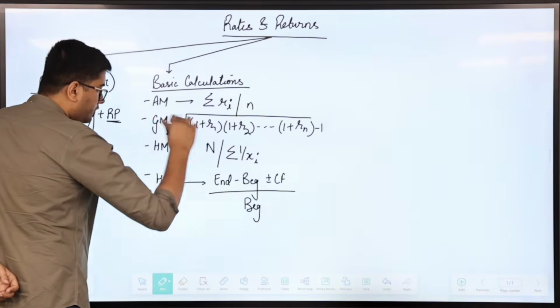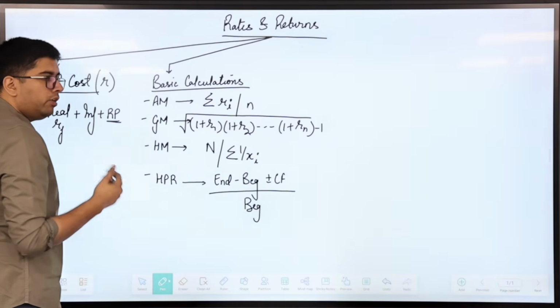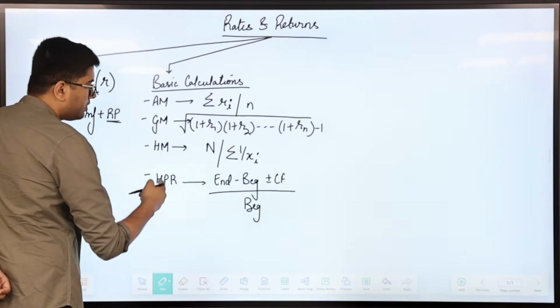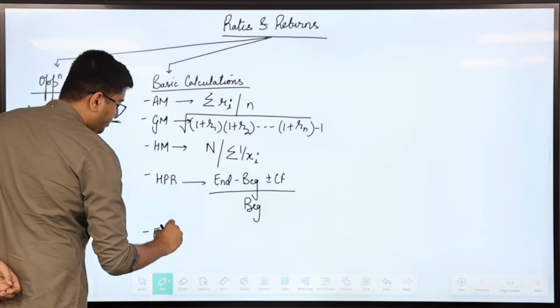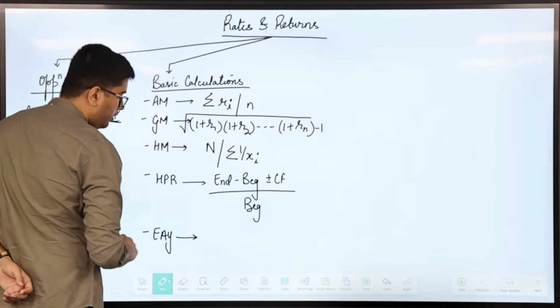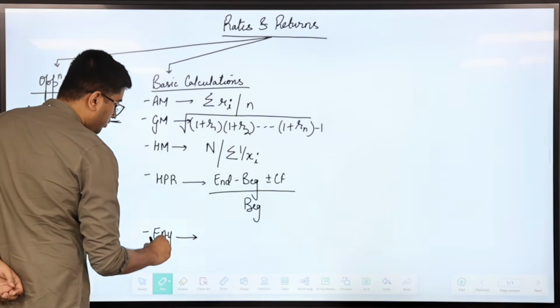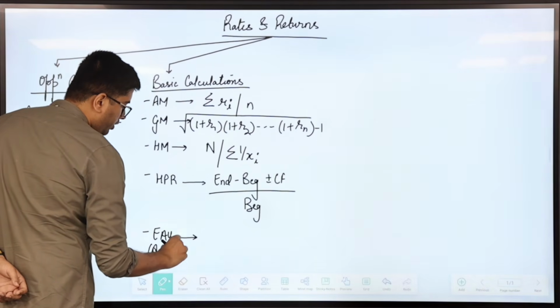But since securities in the market quote an annualized rate, to make this comparable with all the other securities, we calculate effective annual yield or annualized rate of return.